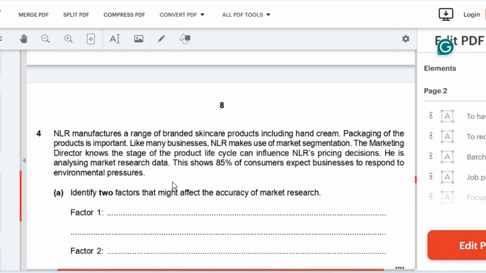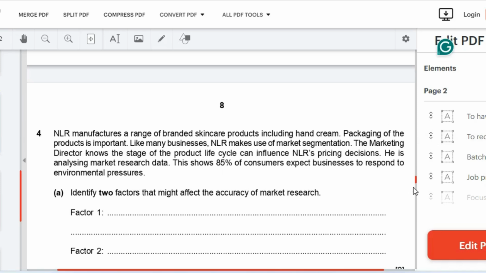Like many businesses, NLR makes use of market segmentation. The marketing director knows the stages of the product life cycle, which can influence NLR's pricing decision, and is analyzing market research data. This shows 85% of consumers expect businesses to respond to environmental failures.